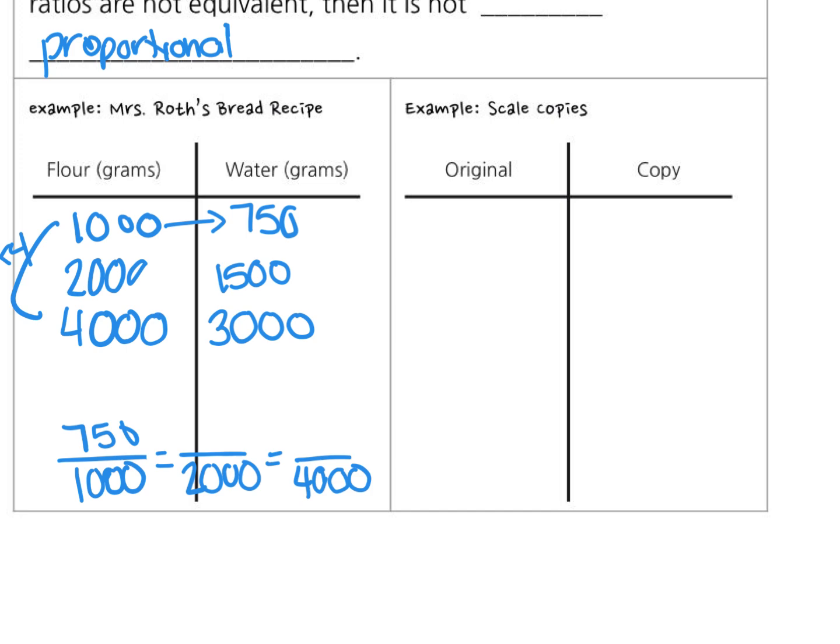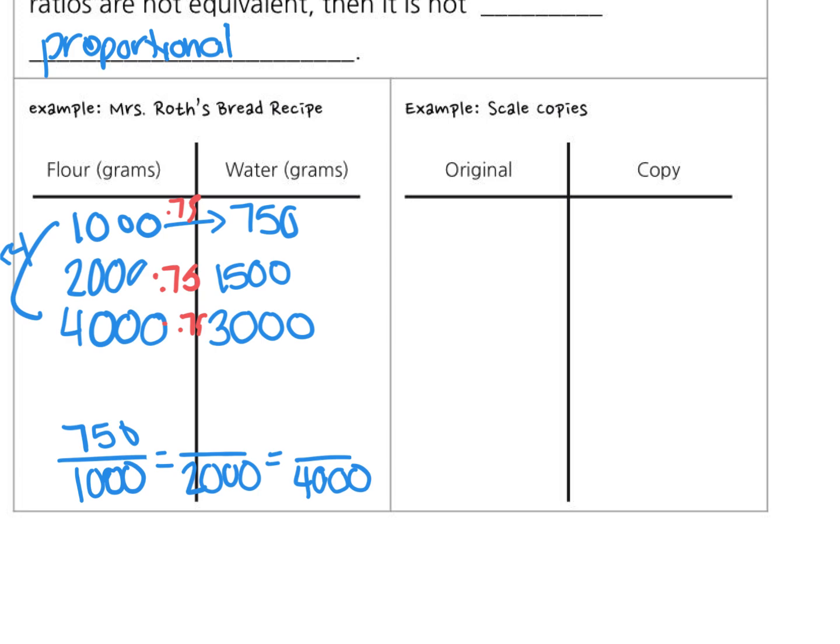I went the wrong way. Yeah, 0.75. I thought you said 13.5, which I wasn't sure where that number came from. But yeah, 0.75. So that's the other way you could find this. You could say, well, 1,000 times 0.75 gave us 750. So if you would have done this, 2,000 times 0.75 and 4,000 times 0.75, it would have given you those new numbers as well. Okay?